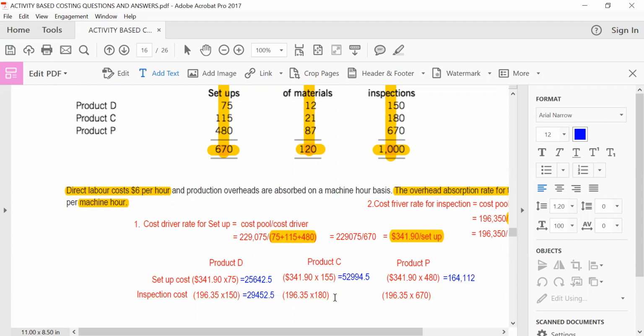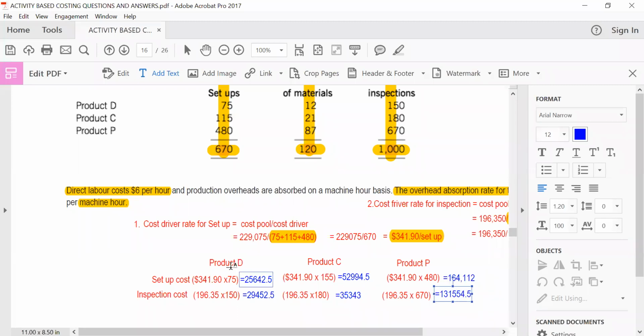I want to show you how the examiner got the answer. I've demonstrated it to guide you because a student will probably be wondering how the examiner did it. If you look at the solution up there and don't really understand, it is going to be a problem. The last one, 670, then I'm off. 196.35 times 670 gives me 131,554.5.